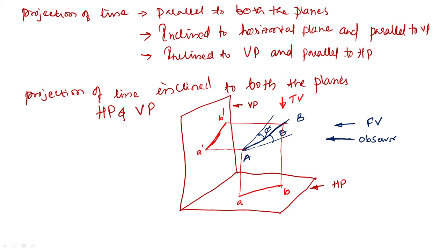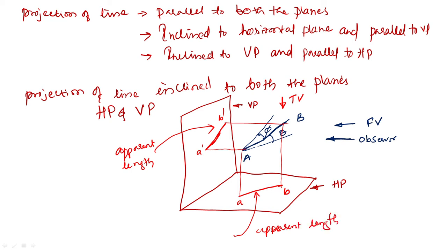Now the length you are going to get in both the views is the apparent length. So here also you are going to get apparent length.